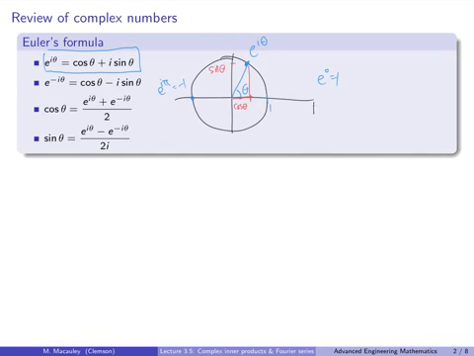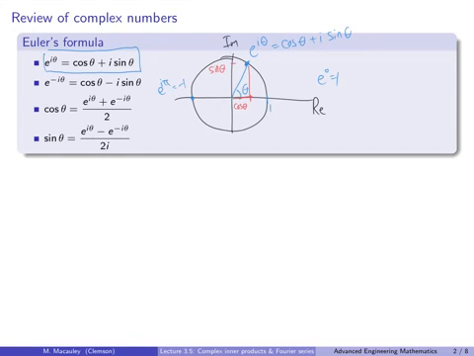And if this is the real axis and this is the imaginary axis, then e to the i theta is cosine of theta, the real part, plus i sine of theta. So that's all Euler's formula is. It's cosine of theta plus i sine of theta.